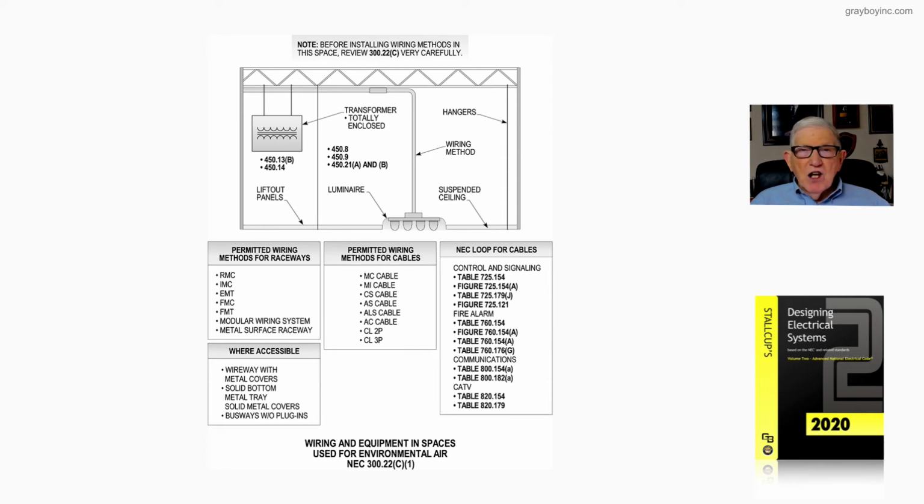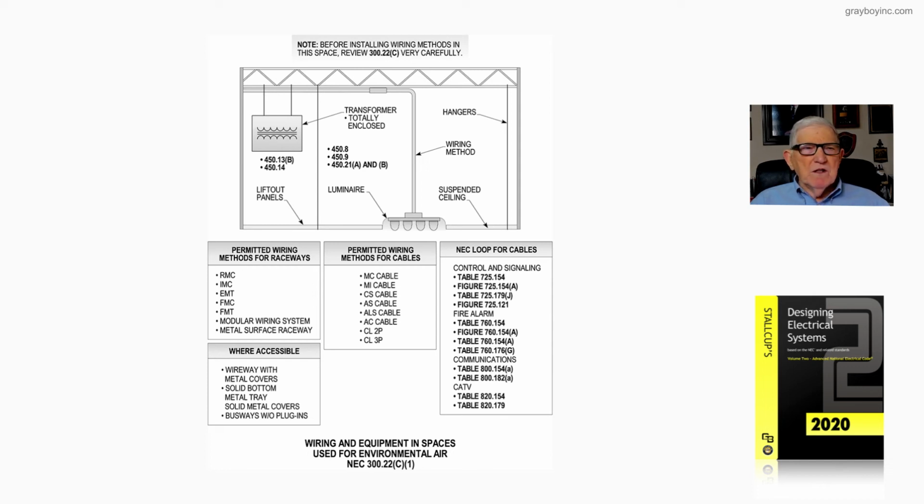And basically a cable, say a Teflon cable, Halar cable, any of those, they cannot give off more smoke and more flame than what a conduit with a coupling could give off. And that's how they kind of test these cables that you see there in the NEC loop. But people have asked this, and so you want to review 300.22(C)(1) very carefully, and then you'll see the wiring methods that are permitted there.